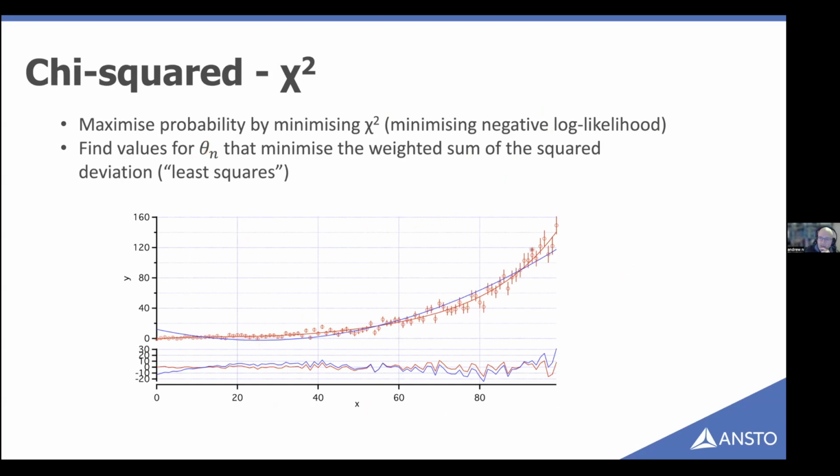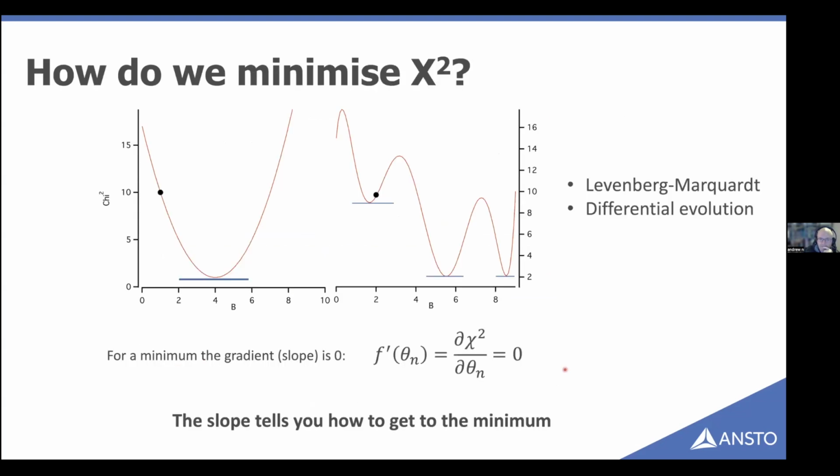So the red curve there is the best model, the blue line not so much. If you're not describing your model well, you end up with systematic deviations in the residuals as a function of the data points you observe.